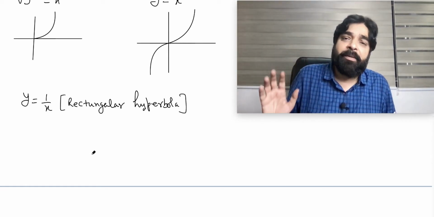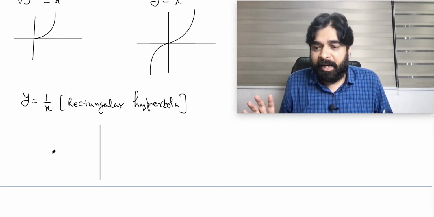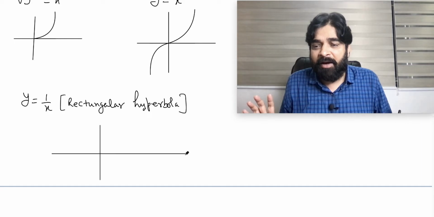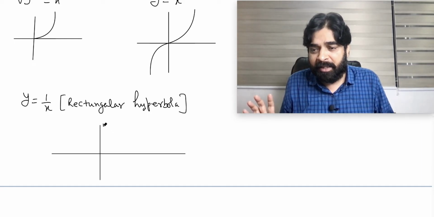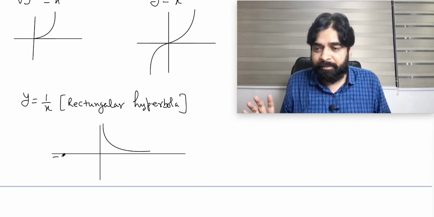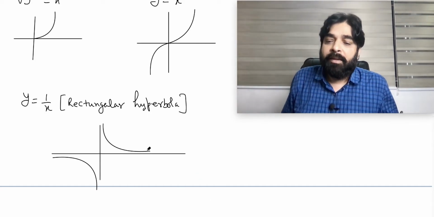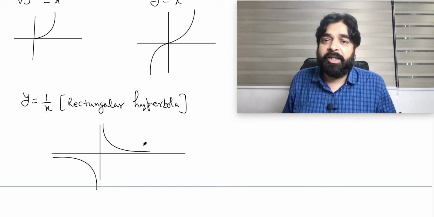But right now we are just giving it the name rectangular hyperbola. The graph of this comes like this, something like this. This will continue. Don't think it is this much only.